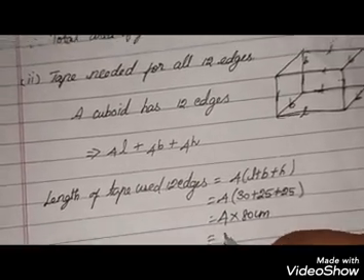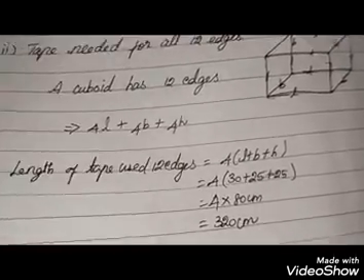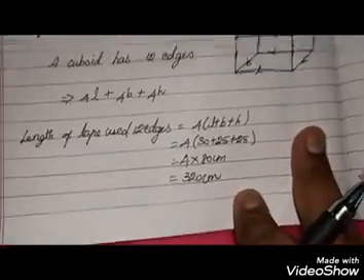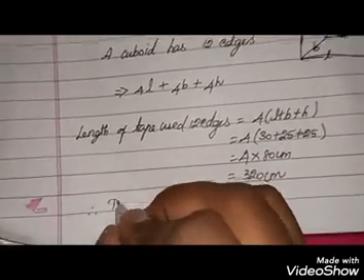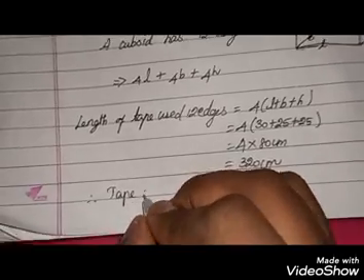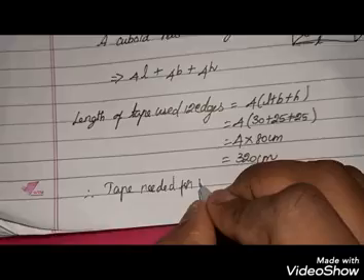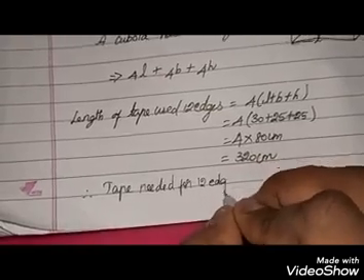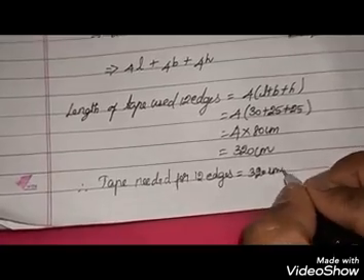Now 8 4s are 32, so 320 centimeter. So how much is the length? It should be 320 centimeter. Therefore, tape needed for 12 edges is equal to 320 centimeter.